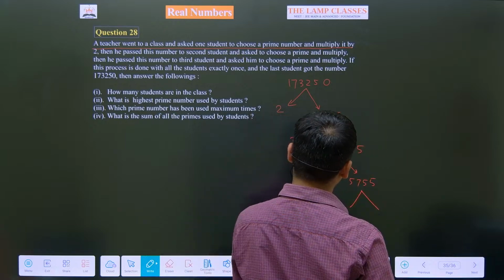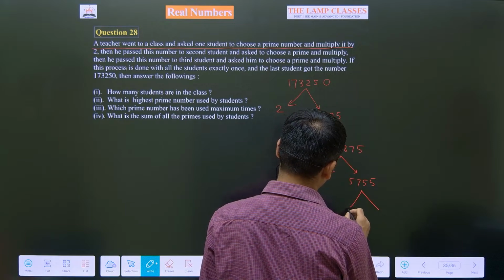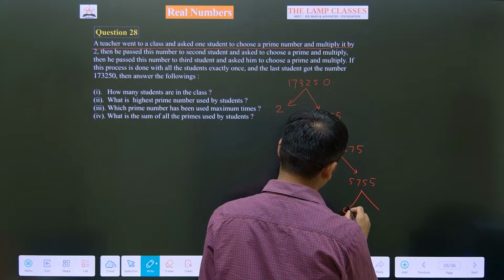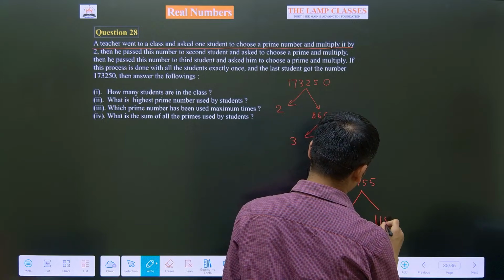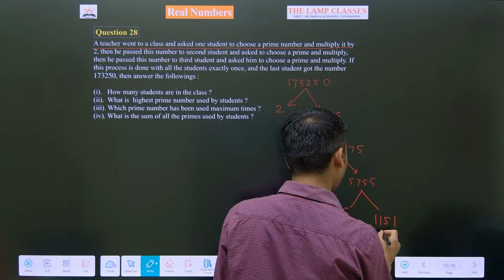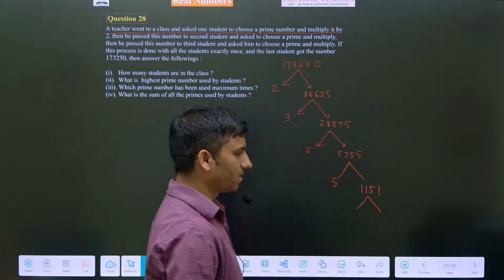Again, it is divisible by 5, right? Check whether it is divisible by 7.